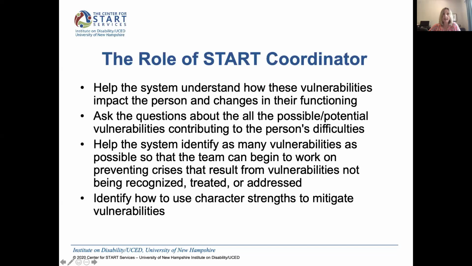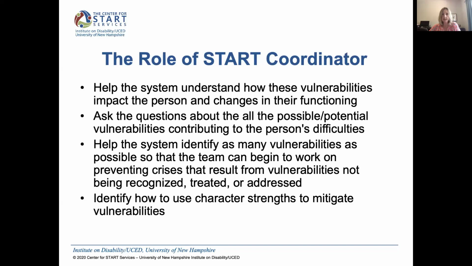The START coordinator. It is one of the central things that our START coordinators do is to help the whole system that works with this person understand how these different biopsychosocial vulnerabilities impact the person and changes in their functioning. We want to understand how a headache may play a role in an emergency or crisis.